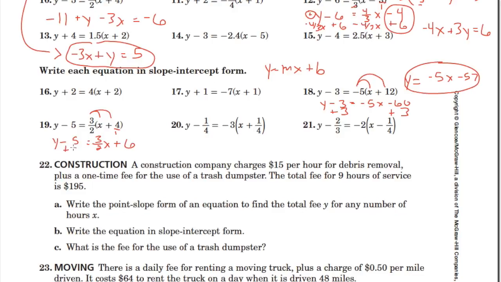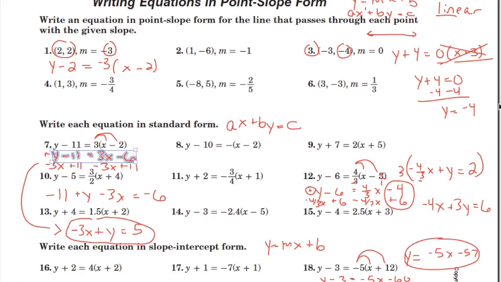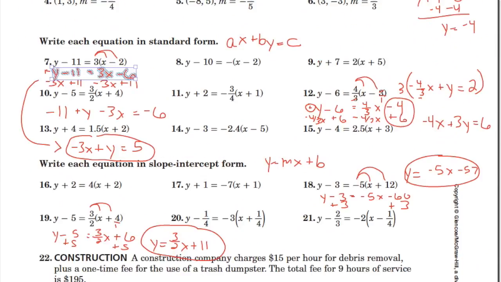And so we're just going to add 5 to both sides, and we get y equals 3 halves x plus 11. Okay, go ahead and do all the problems on worksheet 4.3, practice writing equations in point slope form, and also going between point slope and standard form and slope intercept form.